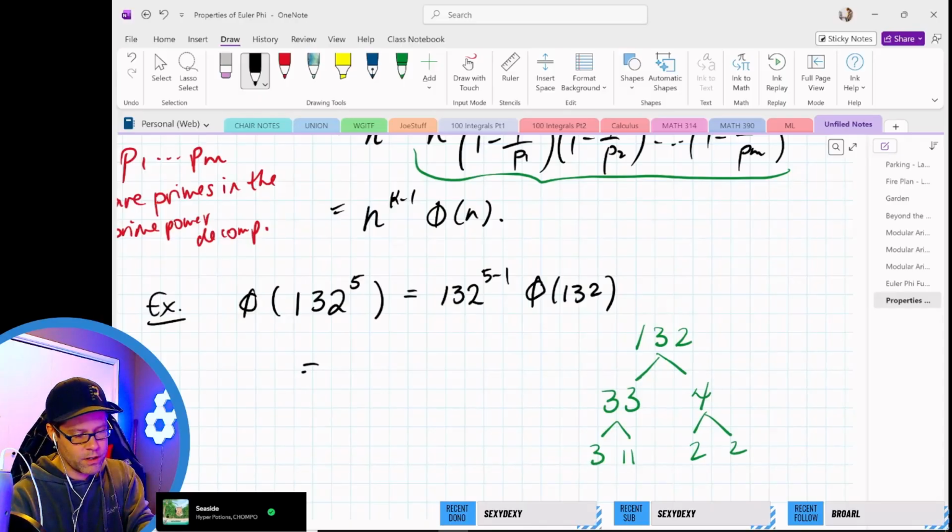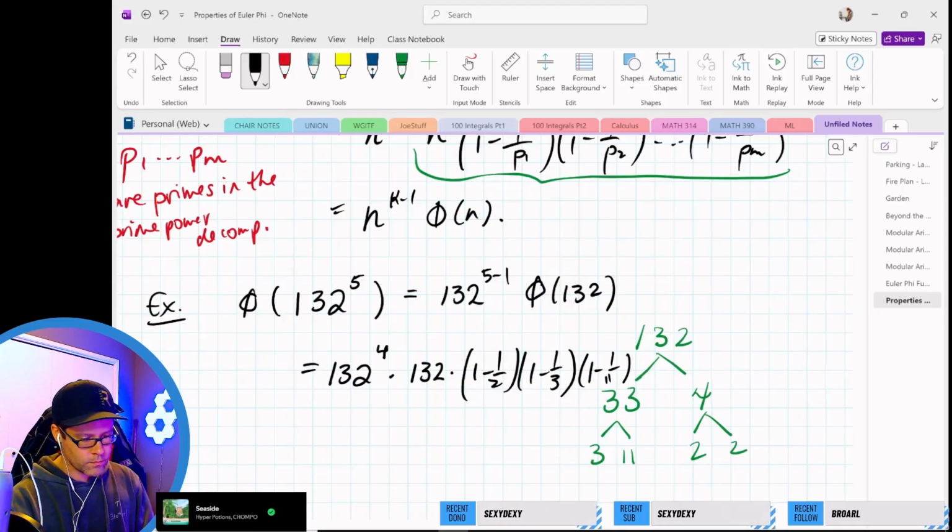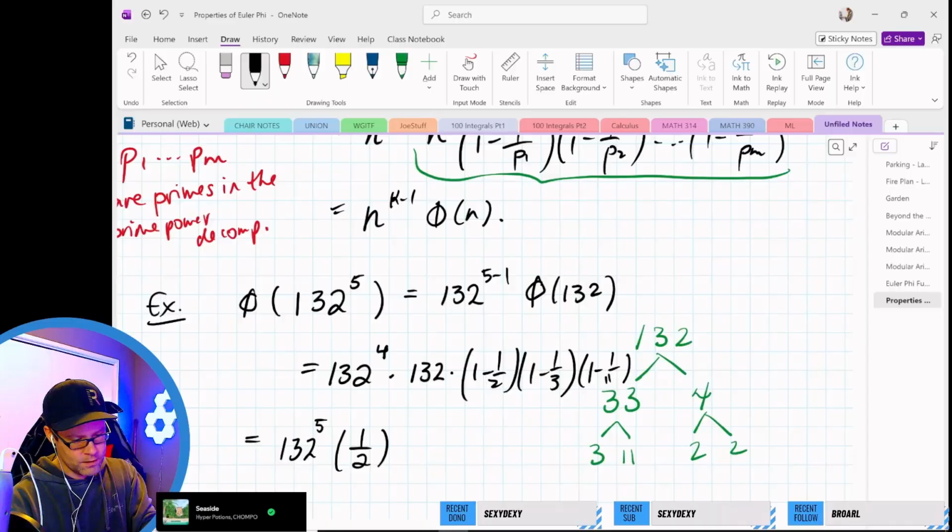In order to calculate phi of 132, we do 132 to the 4, and then we multiply that by 132 times 1 minus a half, 1 minus a third, and 1 minus 11th. So basically we get 132 to the power of 5 times a half times 2 thirds times 10 elevenths.